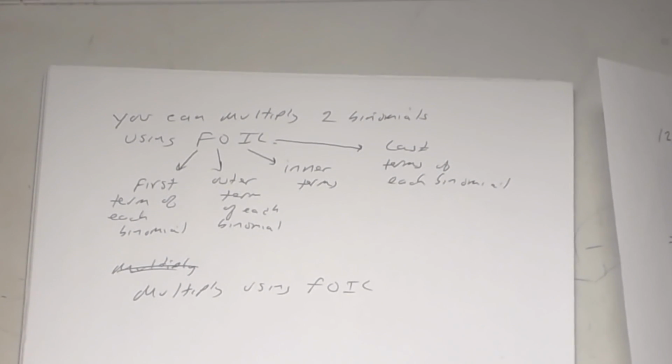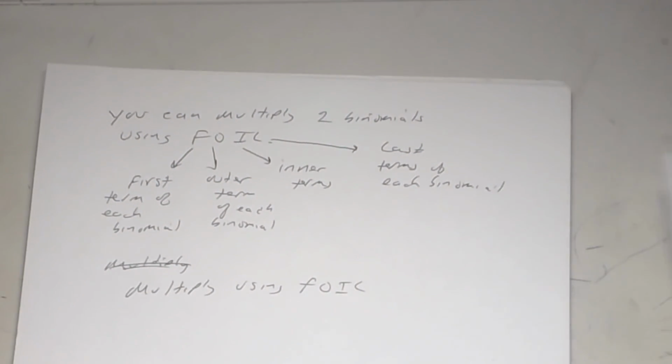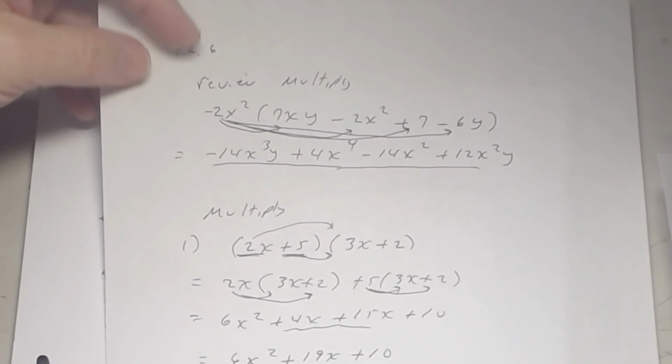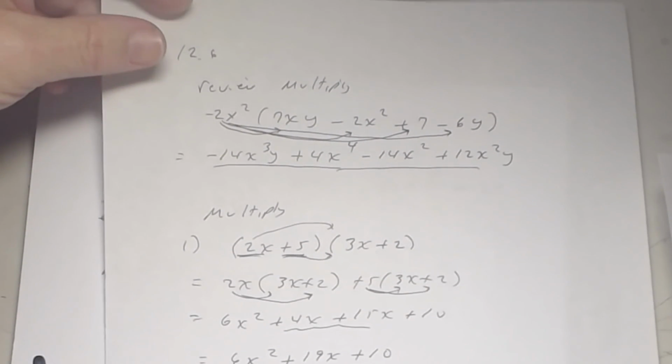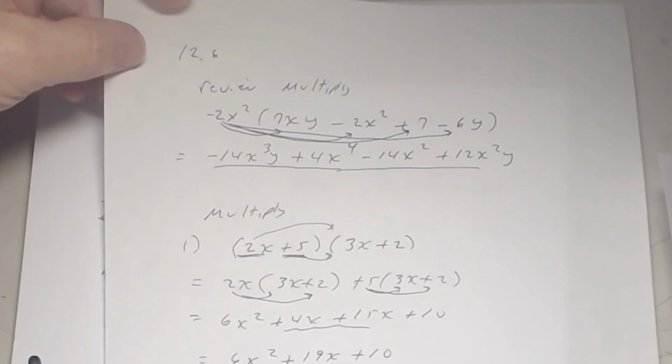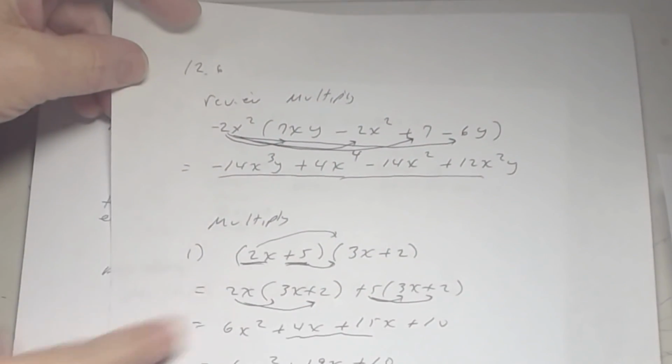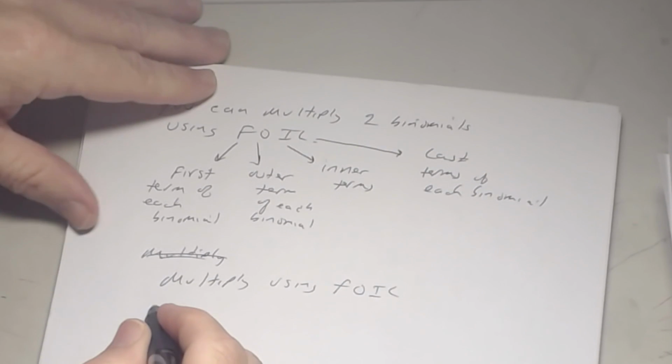So I need for you to be able to, on your test in a week from Tuesday, multiply two binomials together using FOIL. It will say FOIL, so follow the directions. So if you use what we just did here, you're not going to get hardly anything because you didn't use FOIL. You use a distributive property. Okay? All right.